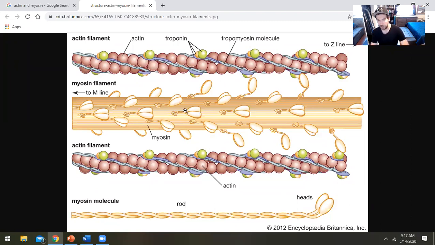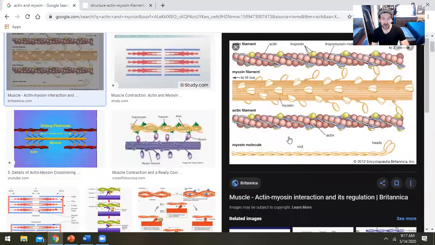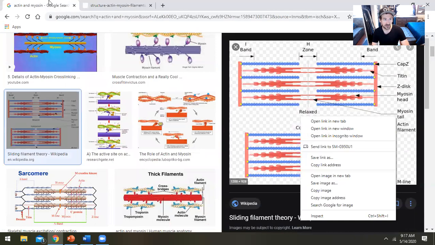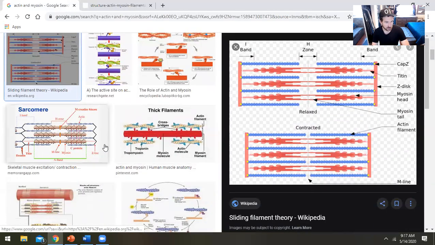You see these little club-like heads, right? They like to reach up and grab this actin strand. So this guy is going to reach up and grab it, and it's going to pull it this way, right? It's going to pull it further in this direction. This one's going to grab here and pull that direction, right? They're going to pull and shorten the muscle fiber. So if we look at that actually, there we go.